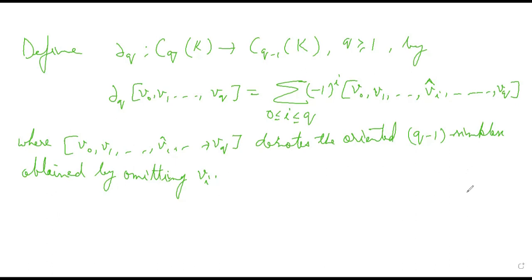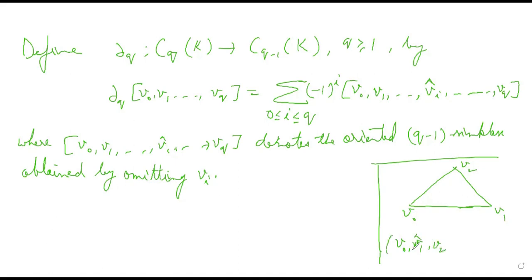For example, if I take v0, v1, v2, then [v0, v1 hat, v2] is simply [v0, v2]. Putting a cap over v1 means v1 has been thrown out.